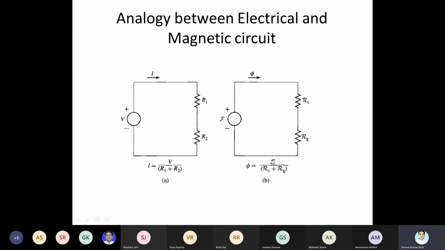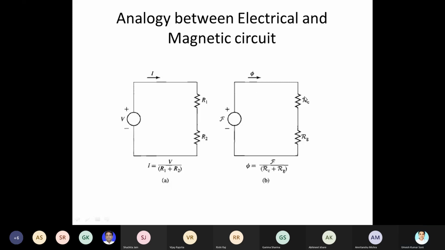So here you have the analogy between the electrical circuit and the magnetic circuit. Here the source voltage V is there. The current I goes through the series connection of R1 and R2, so the current is given by V upon R1 plus R2, and the sum of the individual drops is equal to the source voltage. Similarly, here MMF F is equal to phi into RC plus RG.